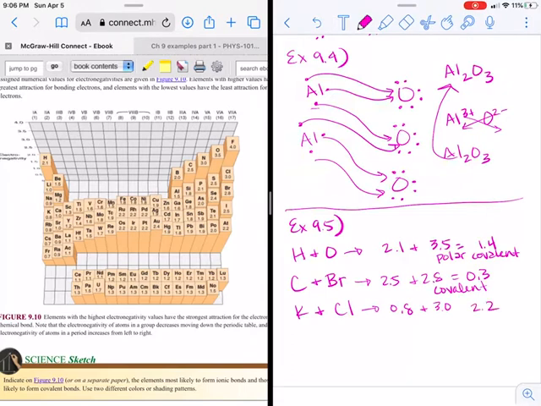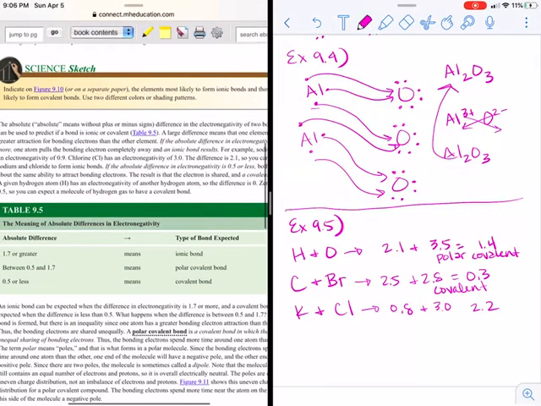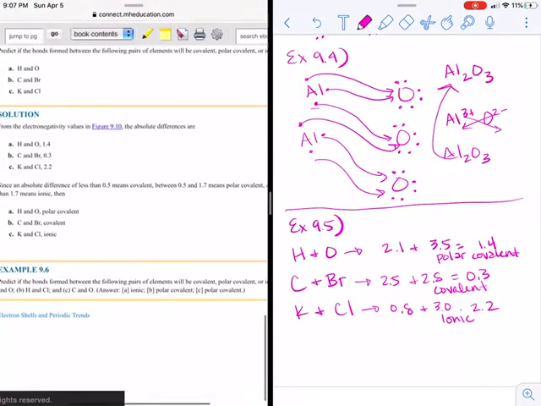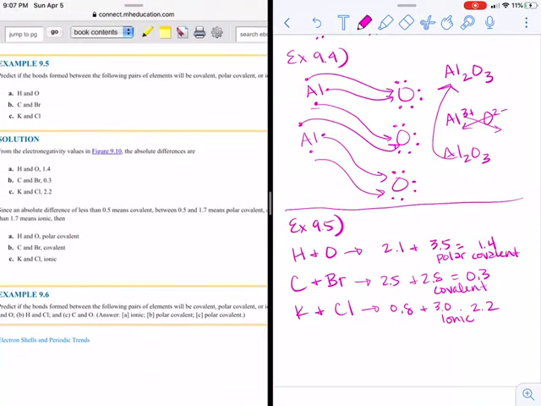So that would be what, 2.2? And so if you look at this table again, if it's 1.7 or greater, then you end up with ionic. Oops, sorry. Okay, so I honestly think that electronegativity is pretty easy because basically all you're doing is subtracting.